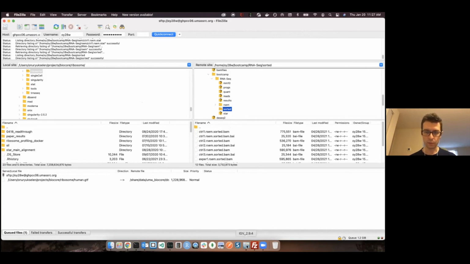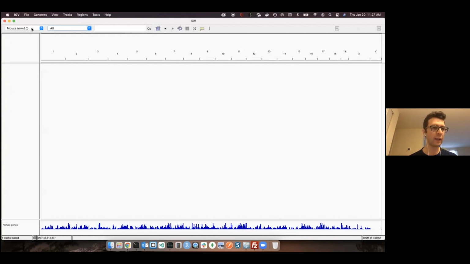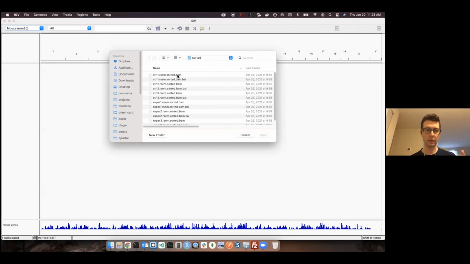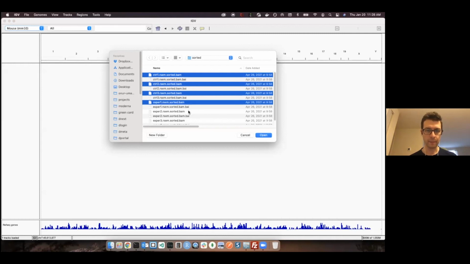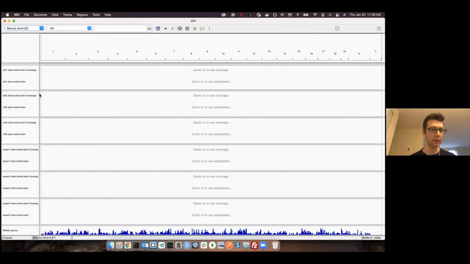When you go to IGV, the first thing that you will do is choose the genome that you're going to use, which is mouse mm10 in our case, and then you will click load from file and go to the place where you copied your files and choose them like this. I'm choosing only the BAM files, but IGV will load the index files as well. So now it loaded, but it's in a zoomed out version.